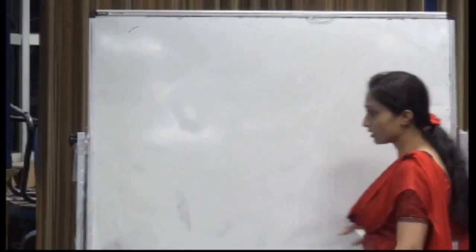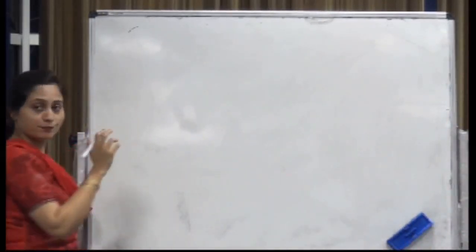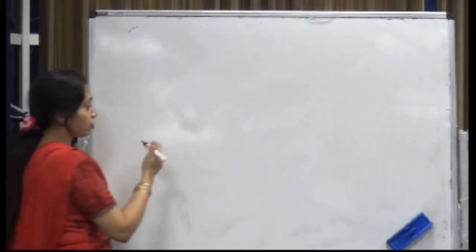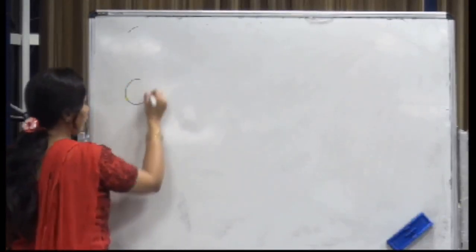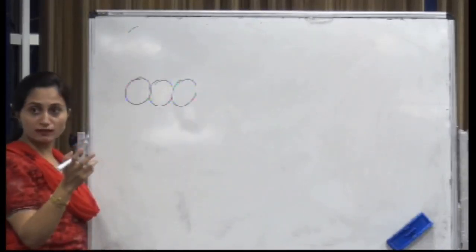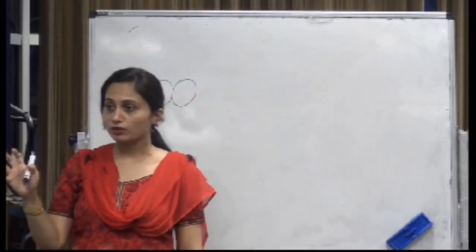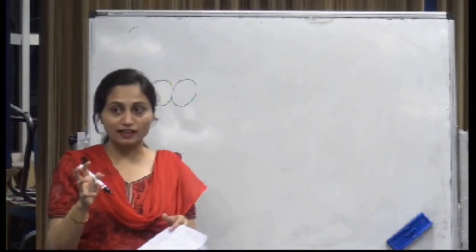Just look up for a minute and I'll explain this quickly. Look up. I've already told you, if I talk about atoms, the atoms are closely placed to one another, and remember that if I am talking about simple cubic unit cell, then also the atoms are touching each other.